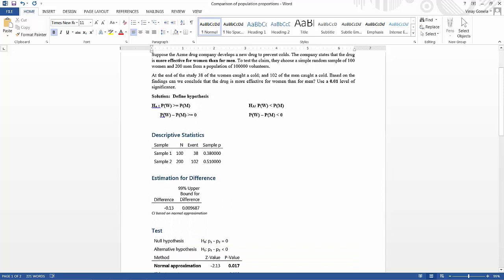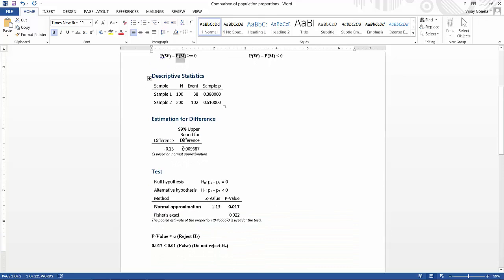The other way to see it: the proportion of women minus the proportion of men greater than or equal to 0 is our null hypothesis. And if you see the upper bound of our confidence interval, this confidence interval goes from negative infinity to 0.009687.